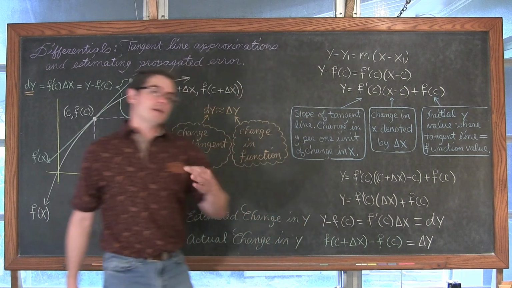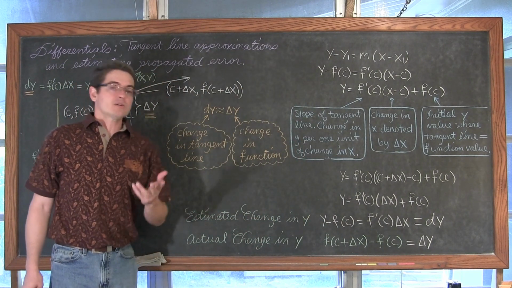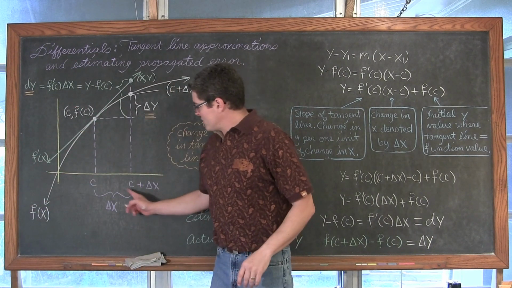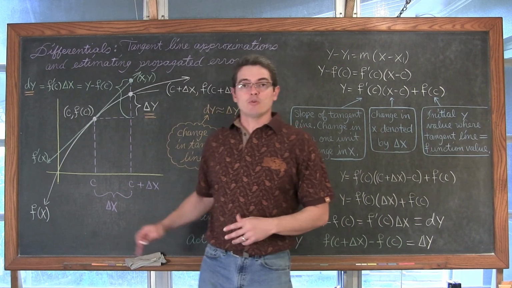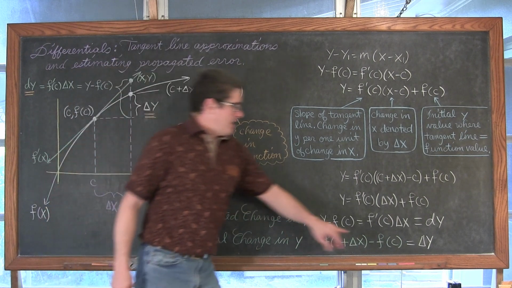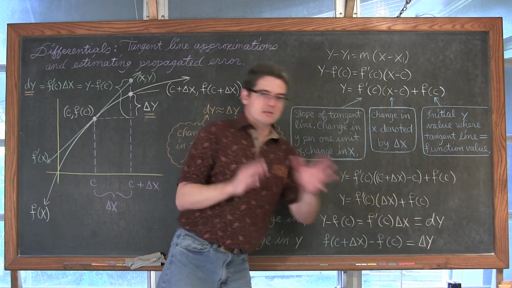So delta y is going to be the actual change in the function. dy is going to be the estimated change in the function. It's going to be the vertical change in the tangent line. And again, if the change of c, or delta x, or dx, which I'm going to formally introduce in a second as well, how we're going to have dx in the label of delta x and dx and explain the difference.